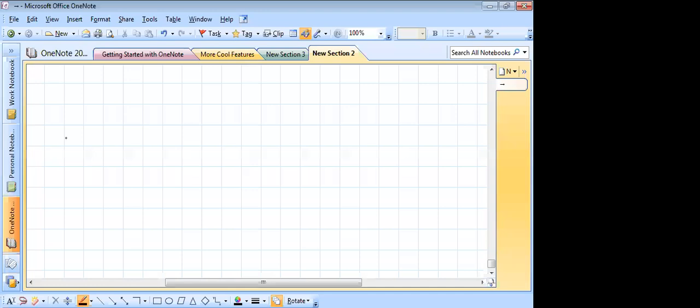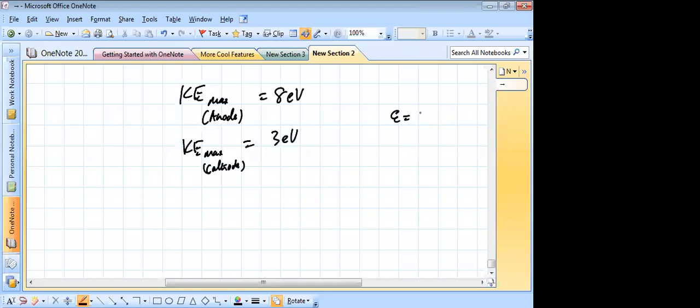Okay, now see what is happening. The maximum kinetic energy of an electron reaching the anode is how much? 8 electron volts. So KE max at the anode is 8 electron volts. That means the maximum kinetic energy when it is leaving the cathode is equal to how much? 3 electron volts, because the voltage of the cell is 5 volts. Okay, beta, this is clear.